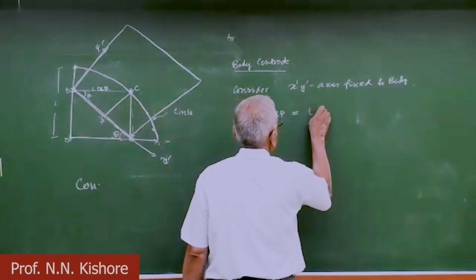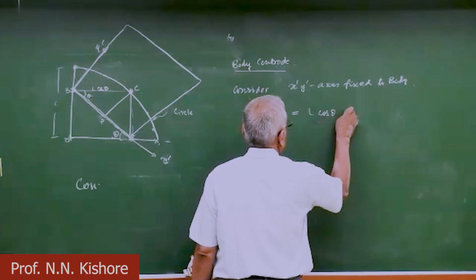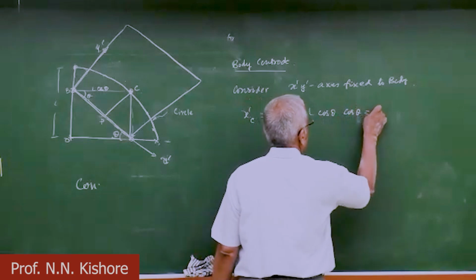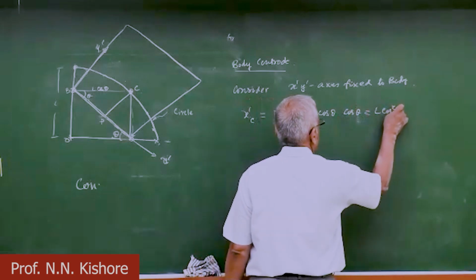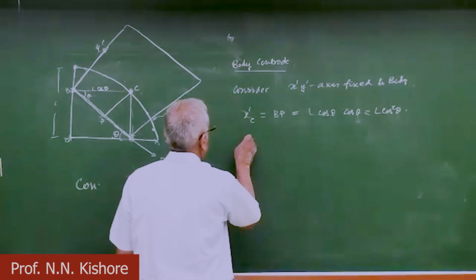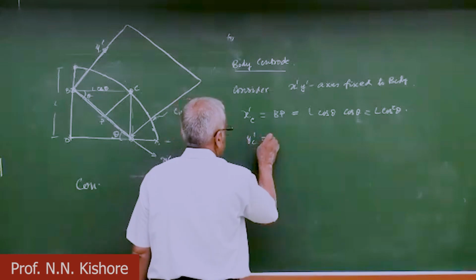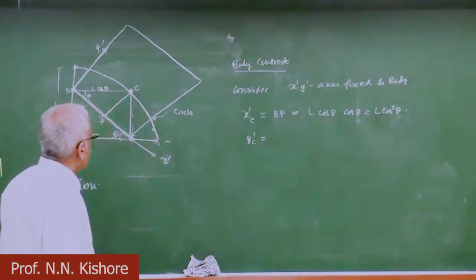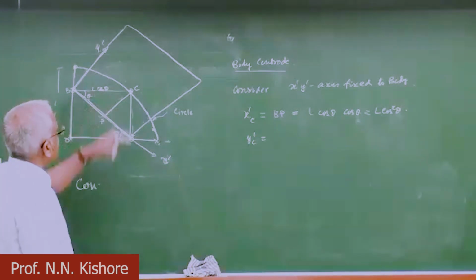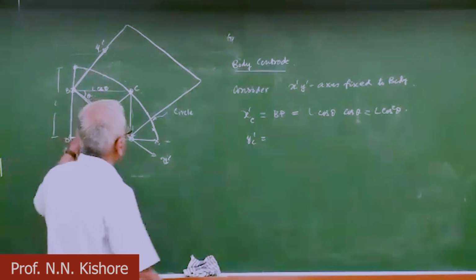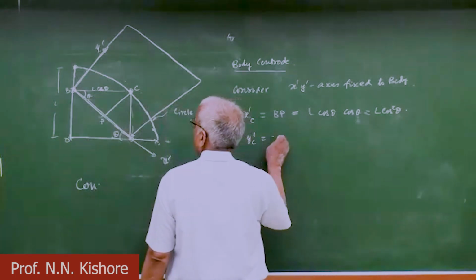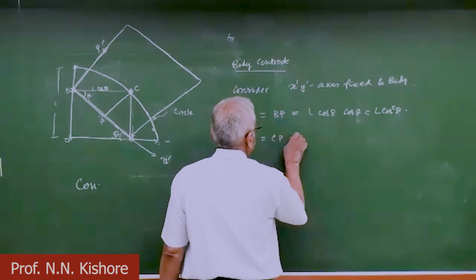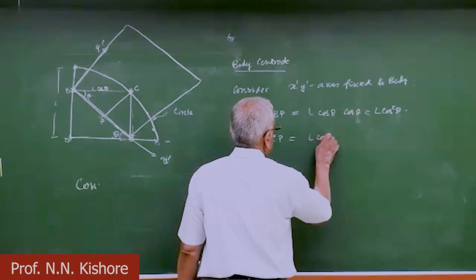So L cos theta times cos theta gives L cos squared theta. What about the coordinate of C with respect to the y prime axis? It is nothing but CP, which is L cos theta sin theta.